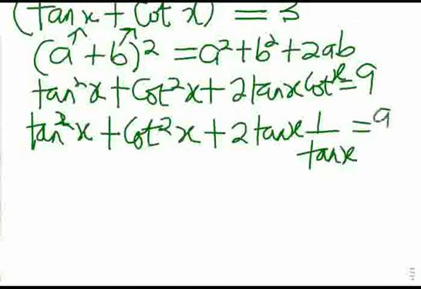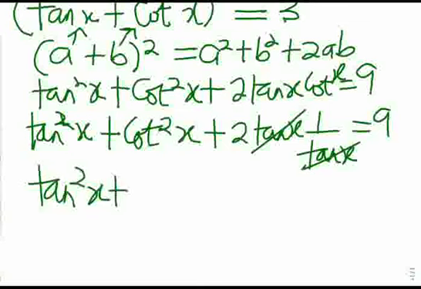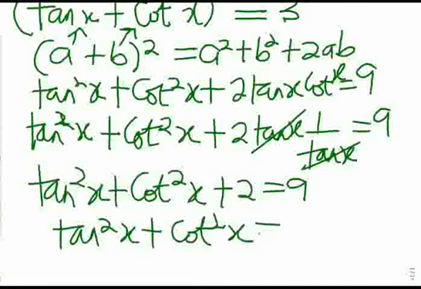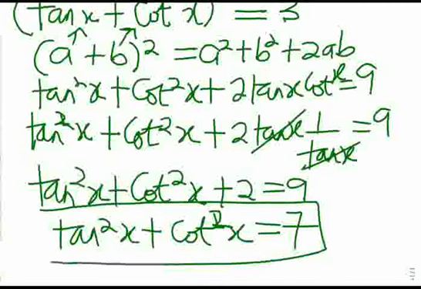So this equals the 9. The tan x now cancels the tan x. So we're actually having tan square x plus cot square x plus 2 equals 9, and tan square x plus cot square x will be equal to 7 when you cross the 2 to the right hand side. So I have been able to get the sum of their squares.